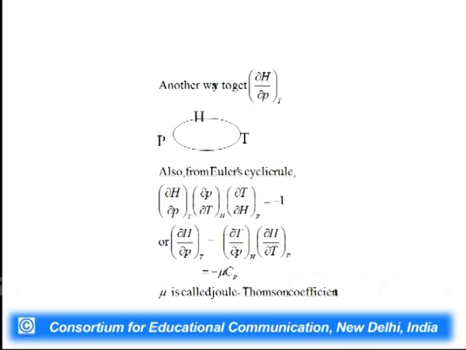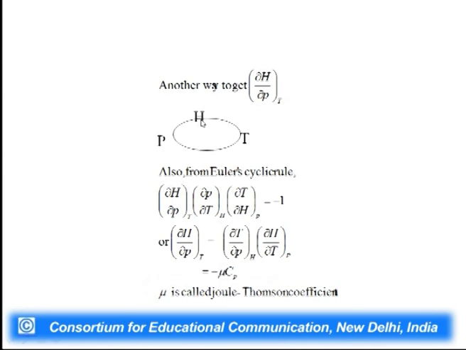There is another way to get del H by del P at constant T, which is the isothermal Joule-Thomson coefficient. For that, we apply what is known as Euler's cyclic rule. Suppose there are three state variables, then we can apply Euler's cyclic rule. It does not matter whether we go in a clockwise or counterclockwise direction.